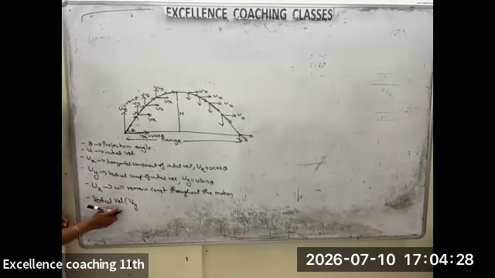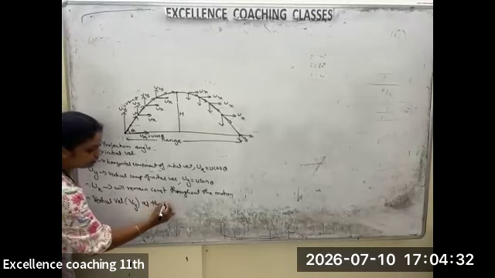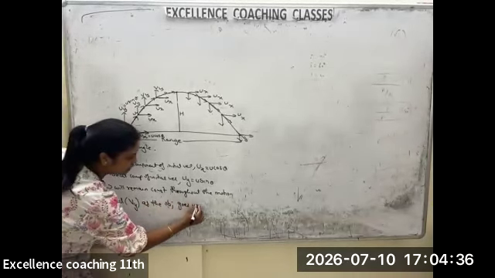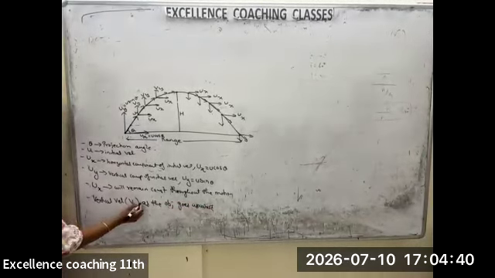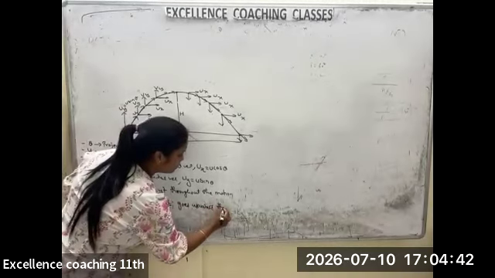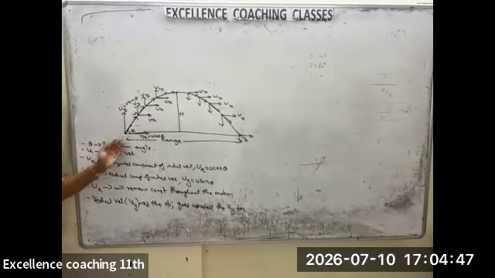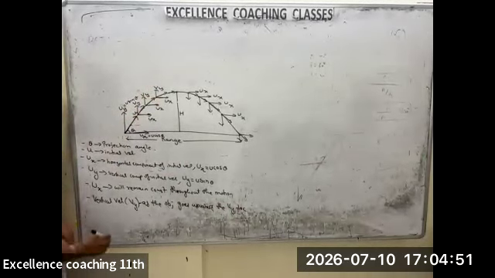Everywhere what will happen? Vertical velocity Vy as the object goes upward, the Vy decreases. As the object goes upward, Vy will keep on decreasing.